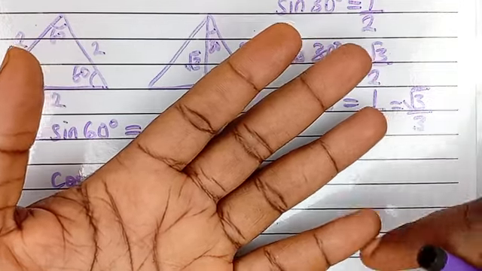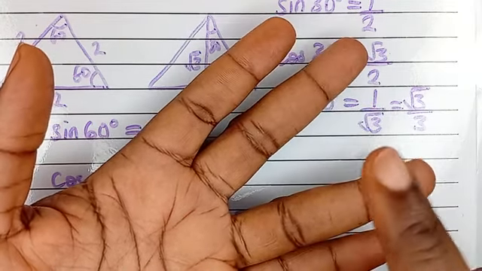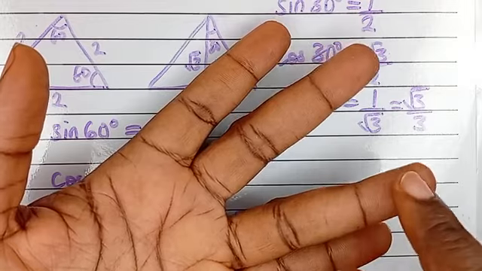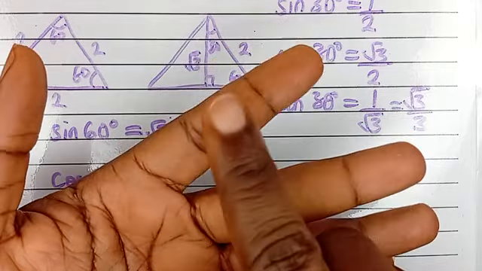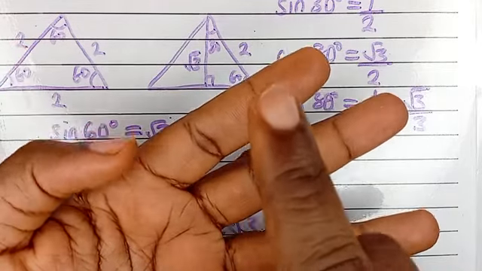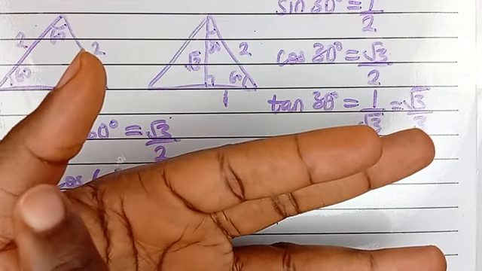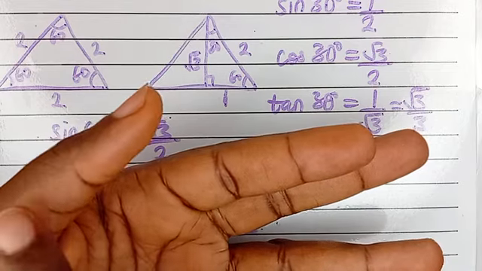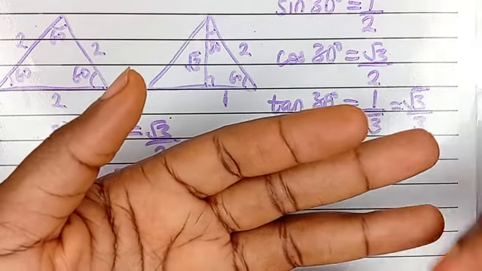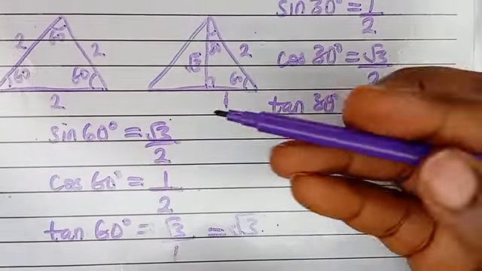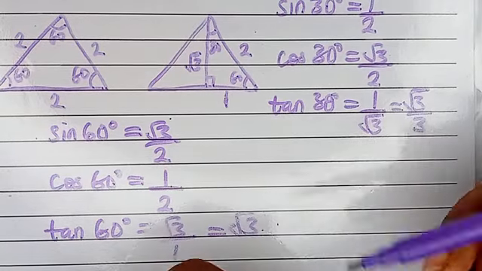The pinky is angle 0 degrees. The ring finger is angle 30 degrees. The middle finger is angle 45 degrees. The pointing finger is angle 60 degrees. And the thumb is angle 90 degrees. We'll be using this to remember all these trigonometric ratios, so that we know, for example, that tan 60 is root 3.